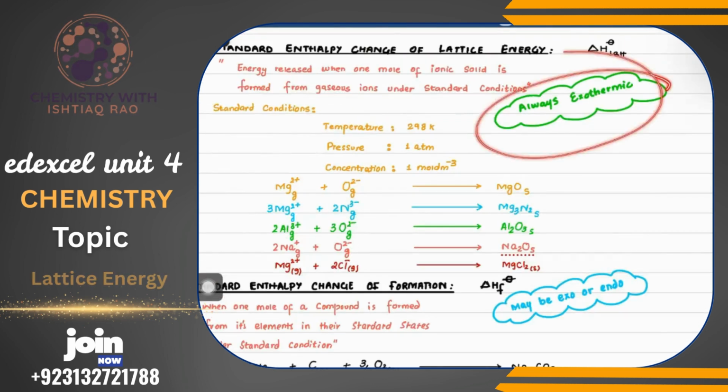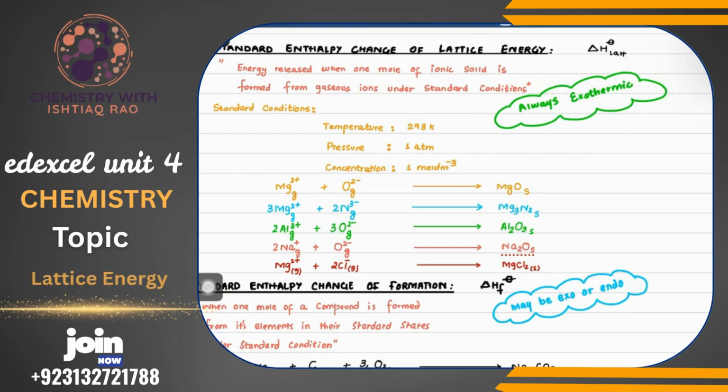This is very important. Lattice energy is always exothermic because the ions are going to combine with each other. What does it mean? The bond is going to be formed. So this means that this is exothermic.